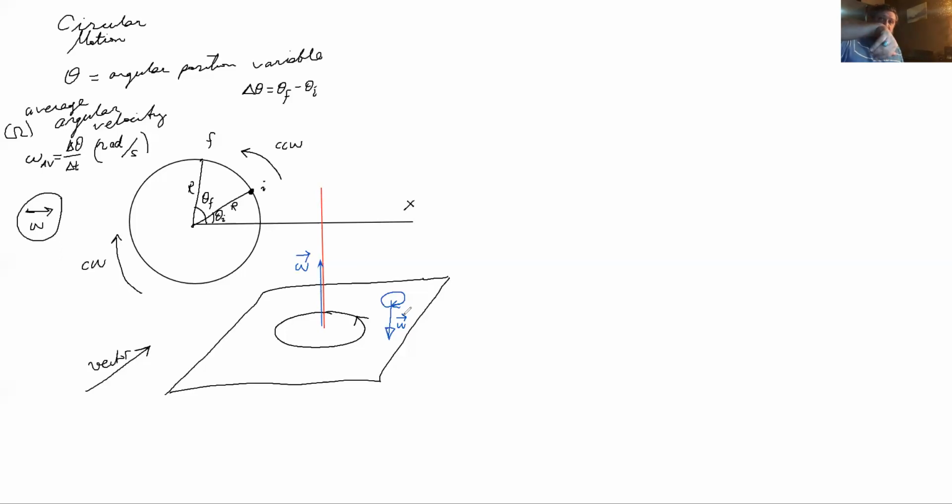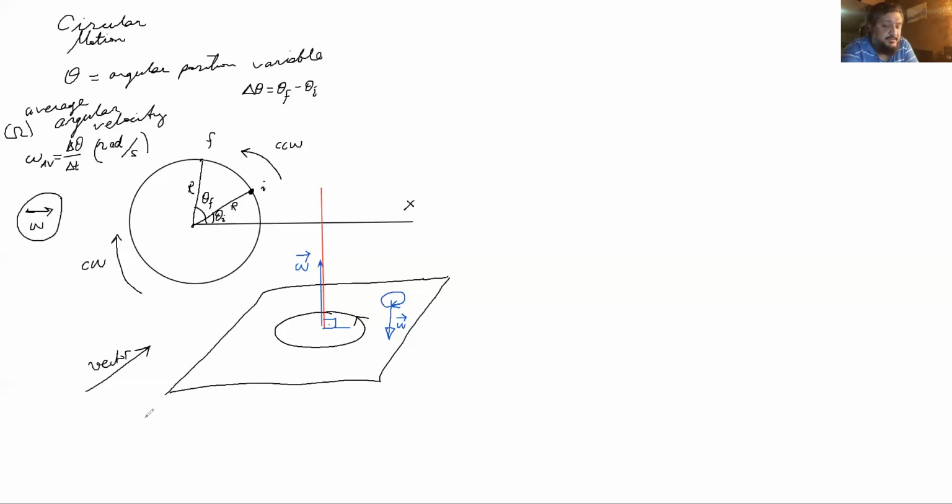A clockwise rotation is like this, looking from above, and the thumb shows you the direction of the angular velocity. So you have 2 options. It's either up or down for a plane which is horizontal. Any kind of rotation will give you on that plane an angular velocity vector which is perpendicular to that plane. This is 90 degrees right there. So that is the direction.